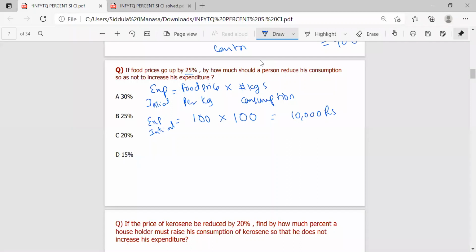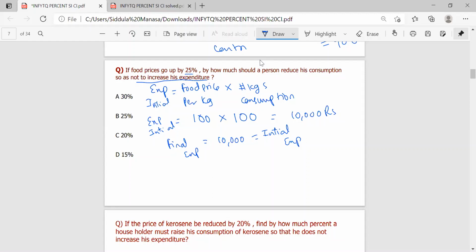Now, not to increase this expenditure means your final expenditure equals 10,000, the same as your initial expenditure. Because the price per kg increased, you're reducing your consumption so as not to increase the expenditure.